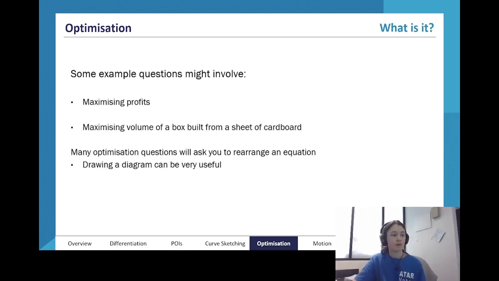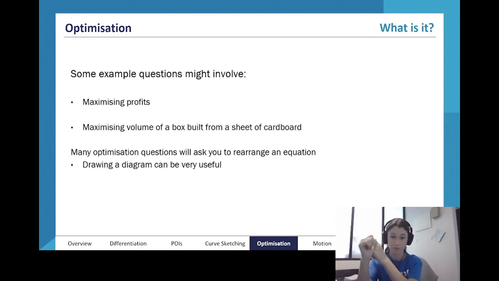And then, as I said before, many optimization questions will ask you to rearrange or create an equation. So drawing a diagram is very, very useful. If there's anything that you take away from optimization, and creating an equation if you're not given one, it's firstly draw a diagram.